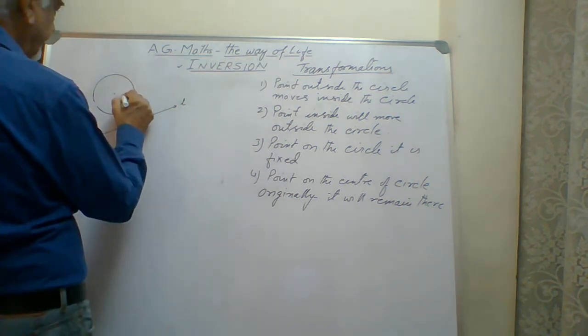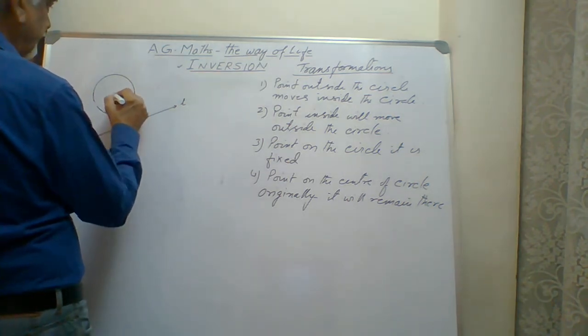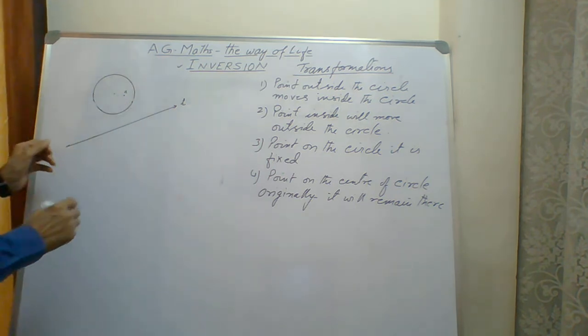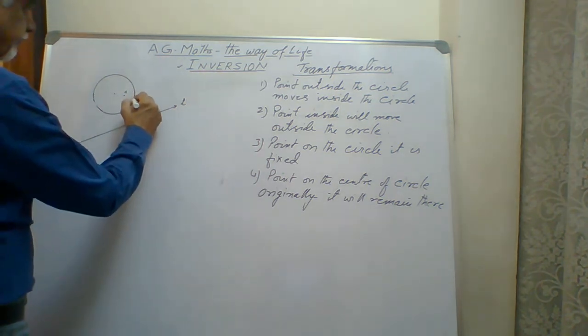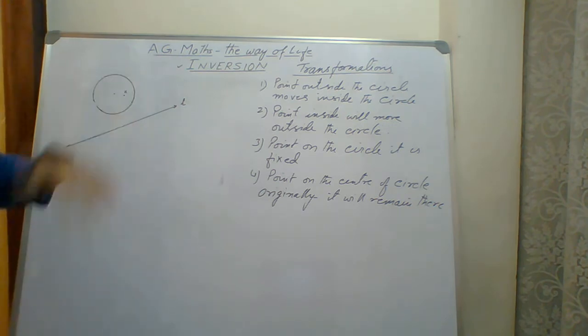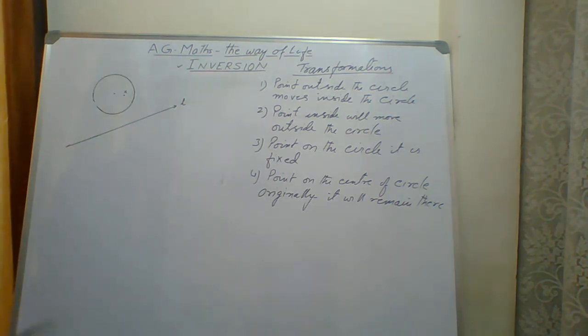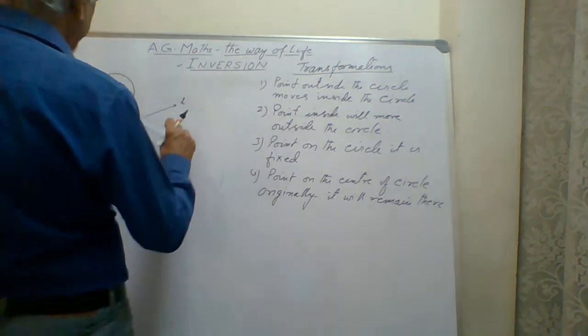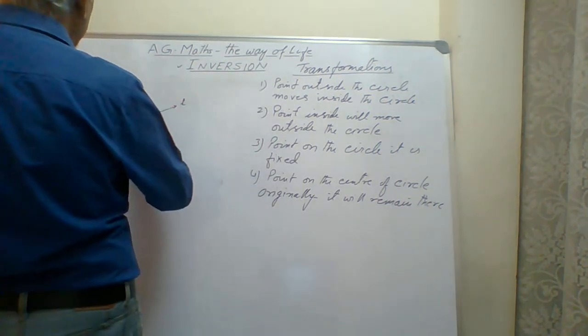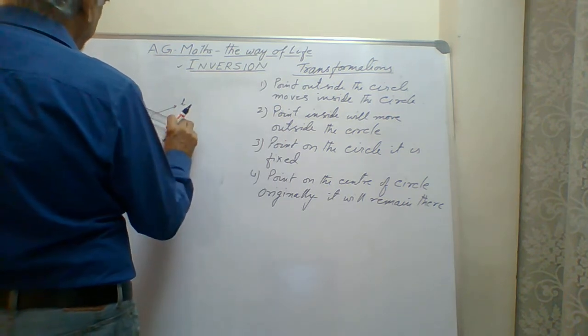Suppose this is a point here, X, and we want to see how this point will behave when I follow the algorithm in the reverse fashion. We join it to the center and produce it to the line.